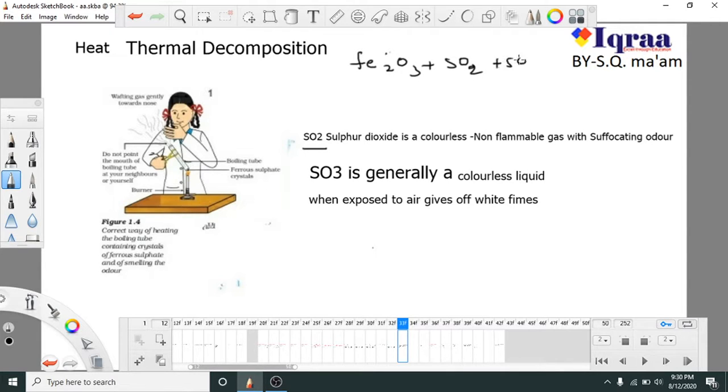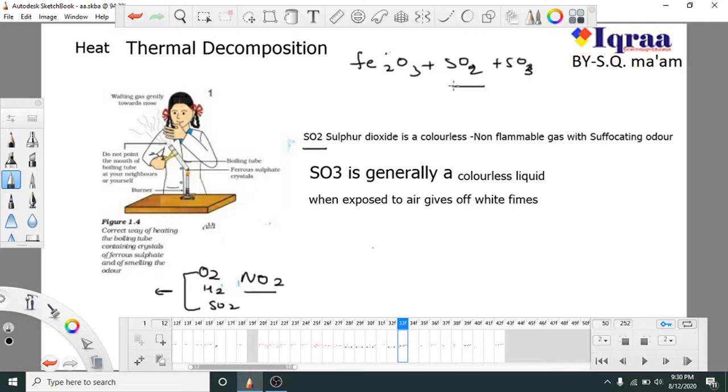You have to learn first, and then you have to remember always the confirmatory tests of some gases like oxygen and hydrogen and SO2 and NO2. So right now we are learning about the confirmatory test of two gases. How can you tell that this gas is present and that gas is present?